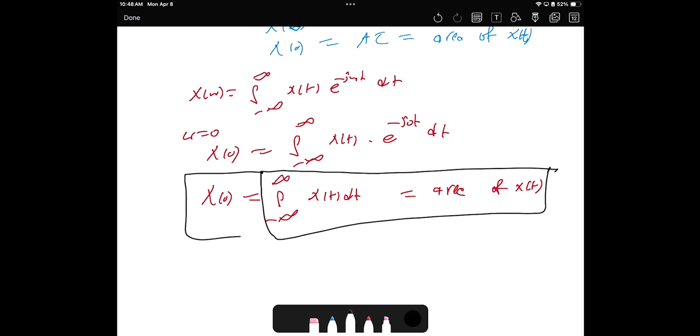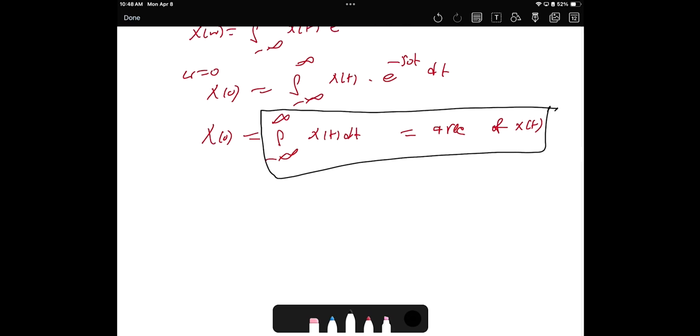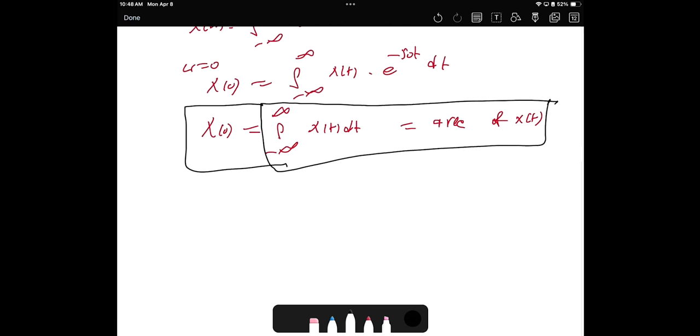That's the nice result. How can we validate this? Basically, you can imagine this. Let's assume you have this function, and you have, for example, negative tau over 2 and tau over 2. So x of 0 is the area.